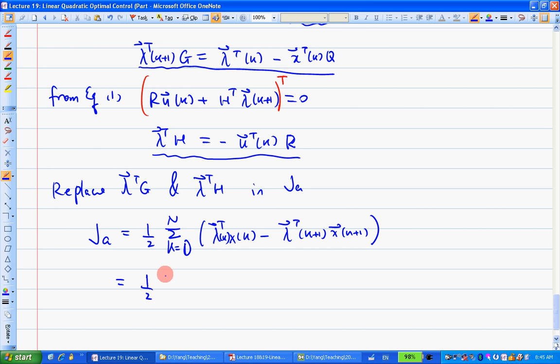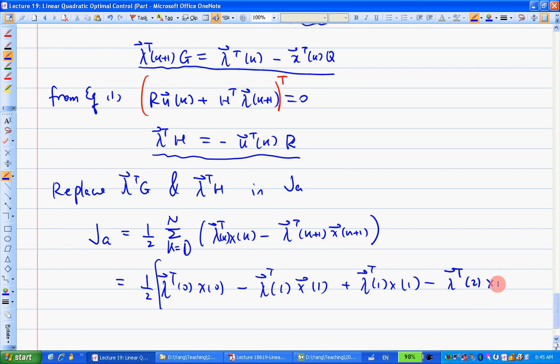So what do we have? 1/2 lambda transpose 0 x of 0 minus lambda 1 x of 1, plus, then the next k is lambda 1 x1, then minus lambda 2 x of 2, right?